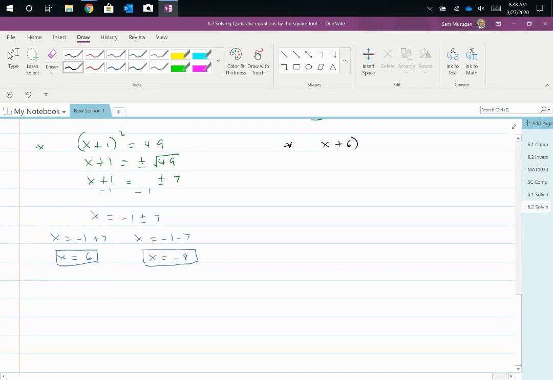(x plus 6) squared is equal to 147. So going through the process here, x plus 6 is equal to plus or minus the square root of 147. 147 is 3 times 49.